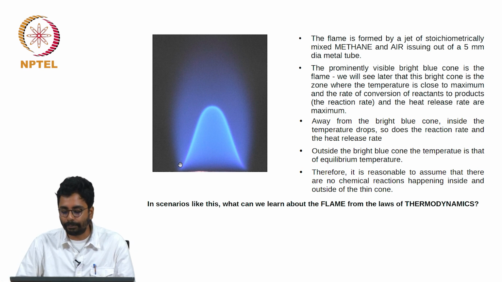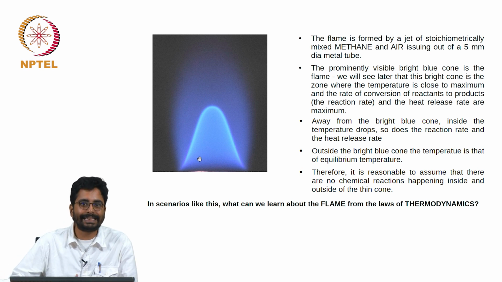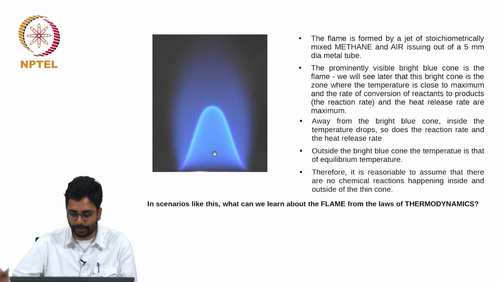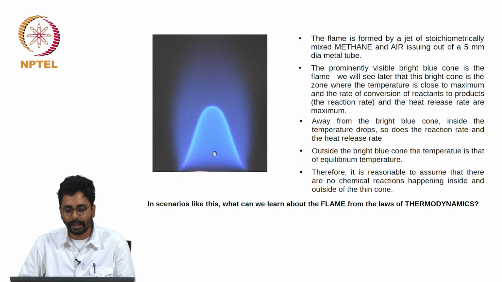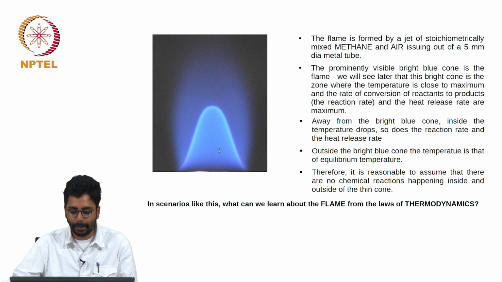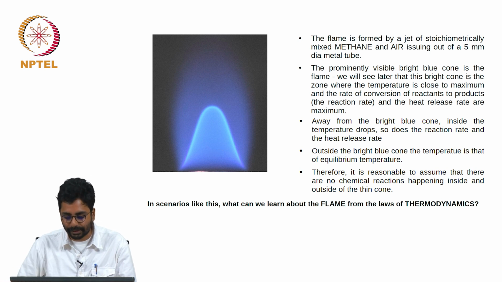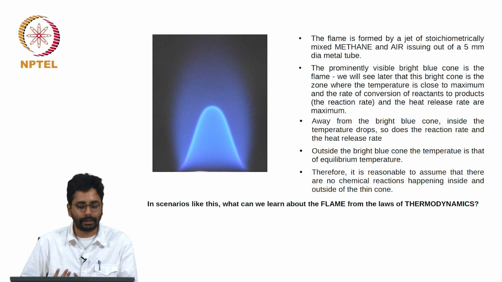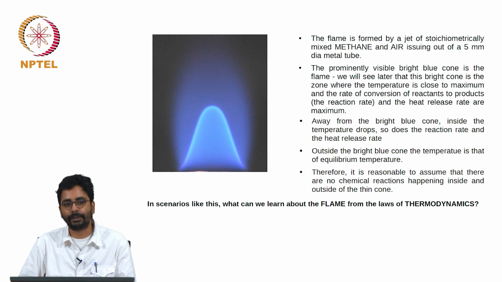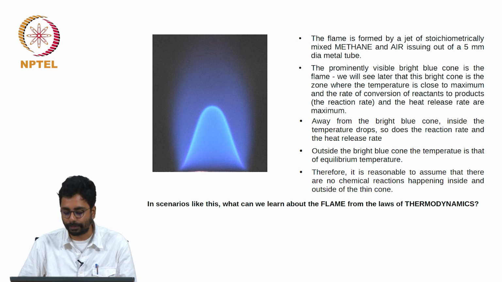Away from the bright blue cone on either side, inside of the cone and outside, the temperature is lower than it is at the flame, and so are the reaction rates and the heat release rate. Therefore it is reasonable to assume that there are, let me not say no chemical reactions, but the reaction rates away from the flame are orders of magnitude smaller than the reaction rates at the flame.